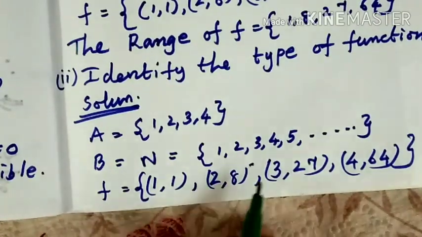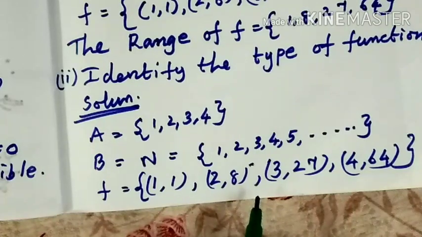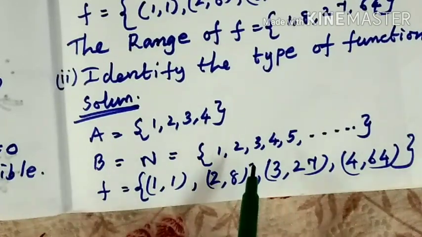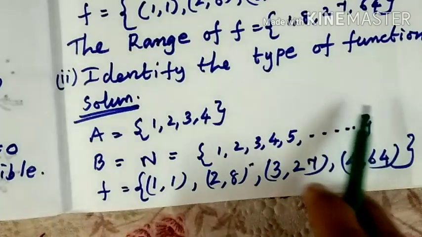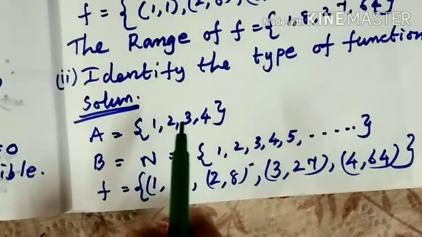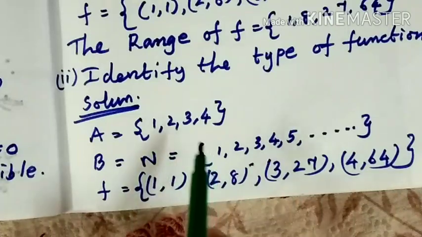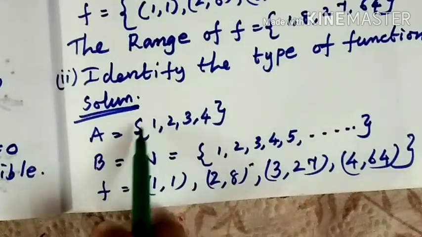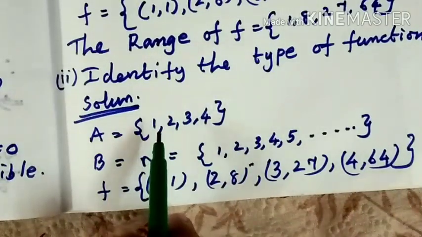Is it an onto function? No, because in an onto function, every element in set B has a pre-image in set A, but in set A we have only 4 elements.